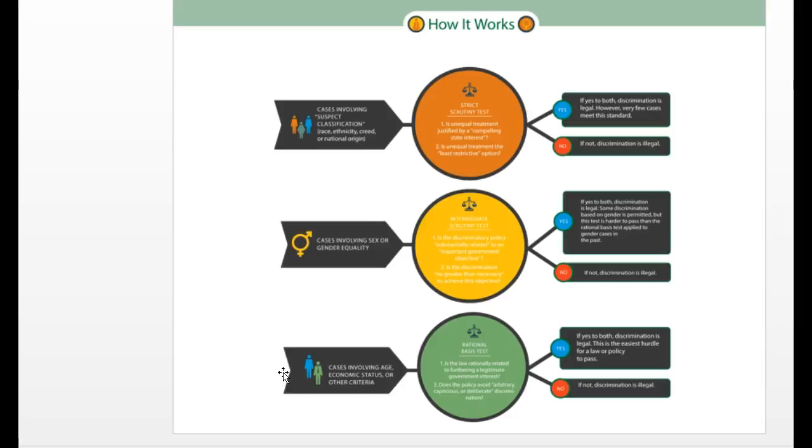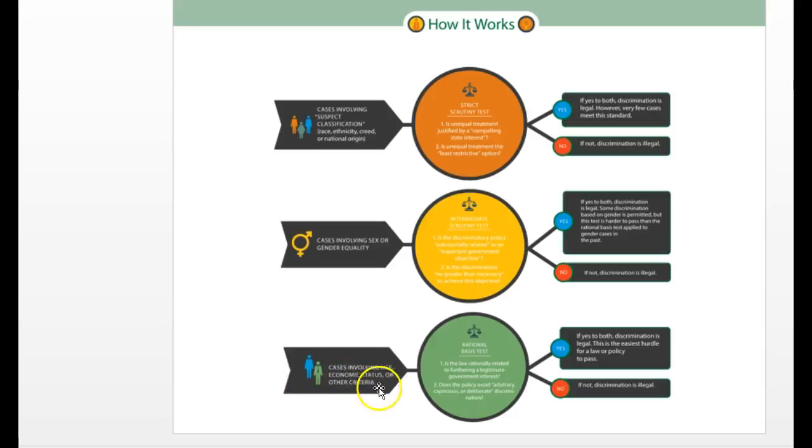So for instance, classification based on age. There are many, many ways in which the law treats us differently based on our age. And I'm sure some of those things are coming to your mind, right? The voting age, the drinking age, the driving age, retirement benefits kicking in. All of these things treat us differently based on our age.